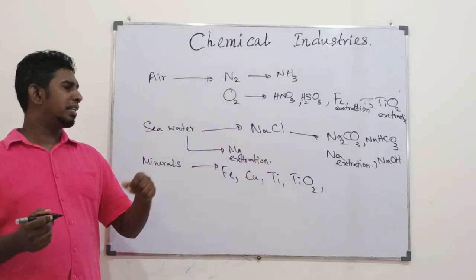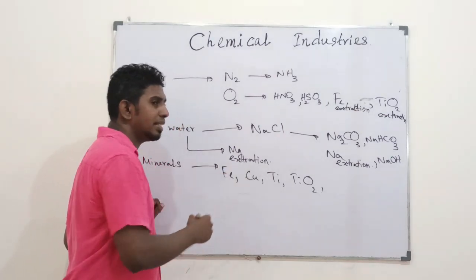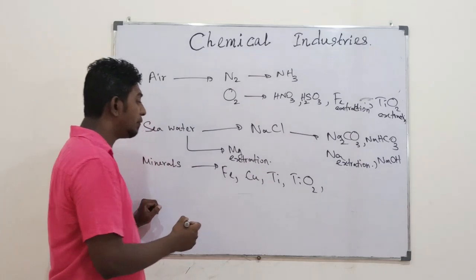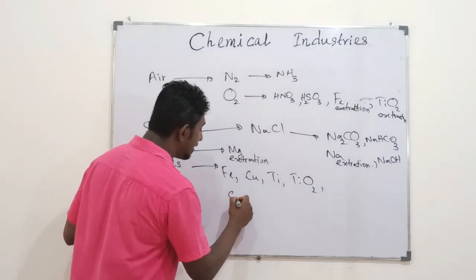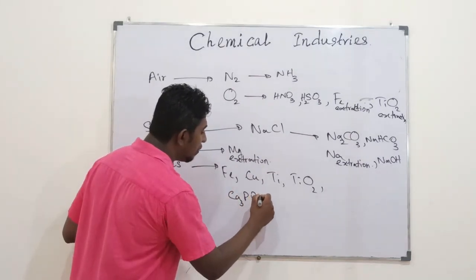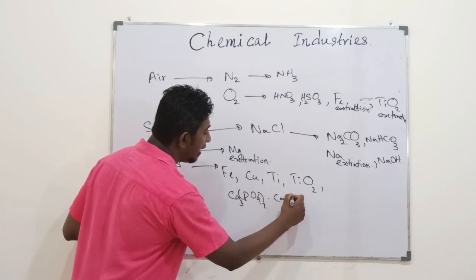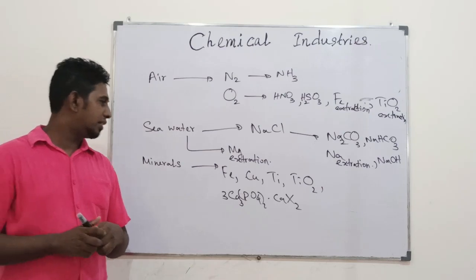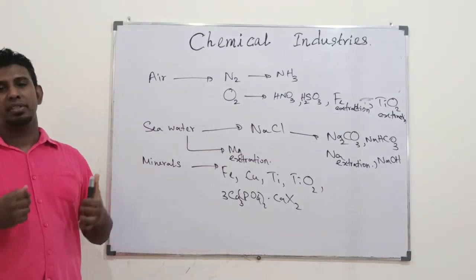So it's various metals as well as some fertilizers like apatite. Apatite you could use to form phosphate fertilizers. It is Ca3(PO4)2·CaX2. So such things you could get from minerals.